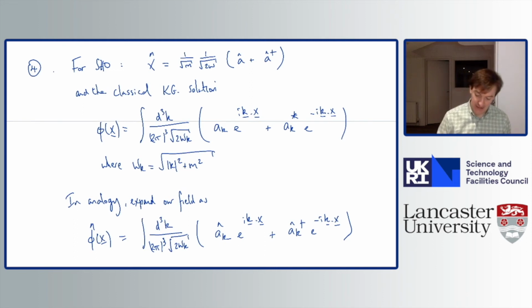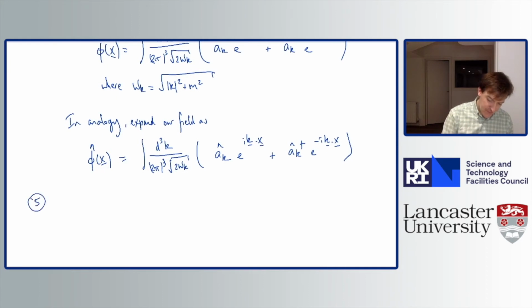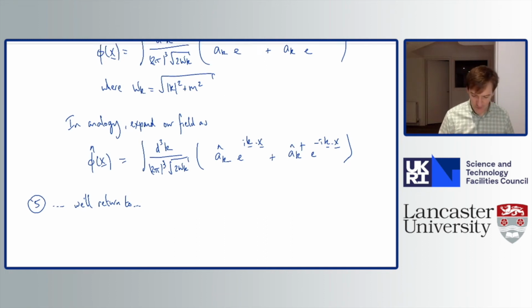And then when we go from the classical solution to the quantum solution, we replace what were previously numbers with operators. Okay, so that's the first 4 steps. Step 5, the normal ordering step, we'll come back to consider in a second.